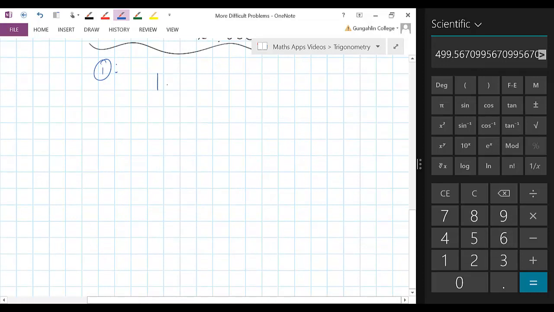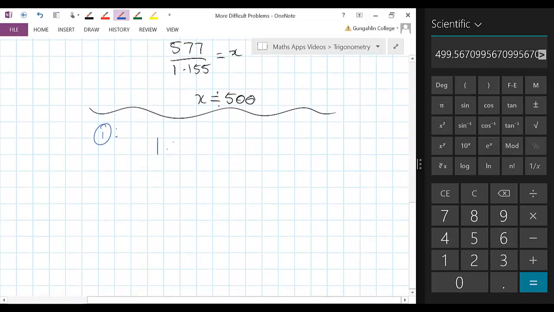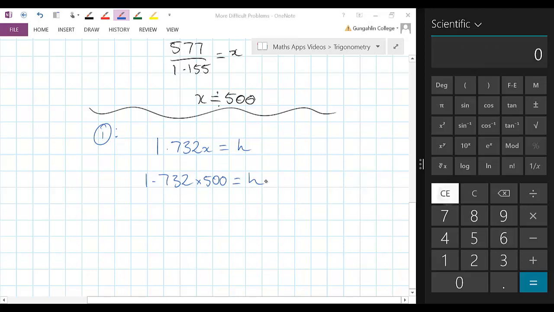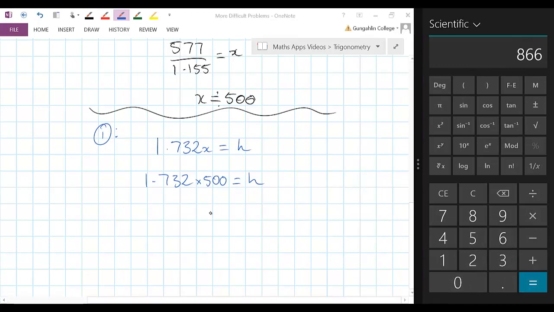I know what x is now, so I can just substitute it in. So let's go 1.732 times 500, and I get that h is equal to 866 meters, which I can write onto my diagram.